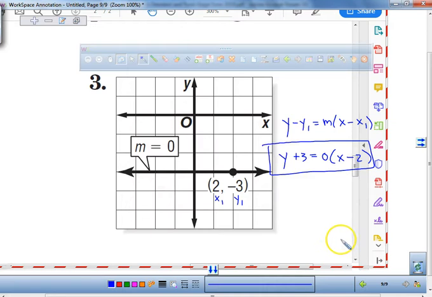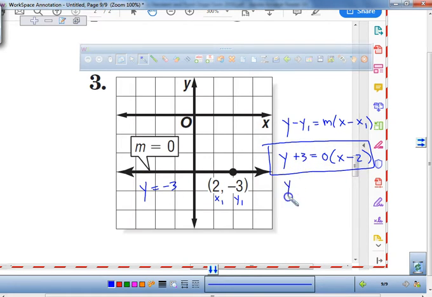Now, by the way, if we wanted to write this as a linear equation, what is the actual equation for this line? Not in point slope form, but if I just wanted to say, what is my y value always equal to right there? What's my y value right there, right there, right there? Yeah, my y value is equal to what? -3. Well, look what happens.